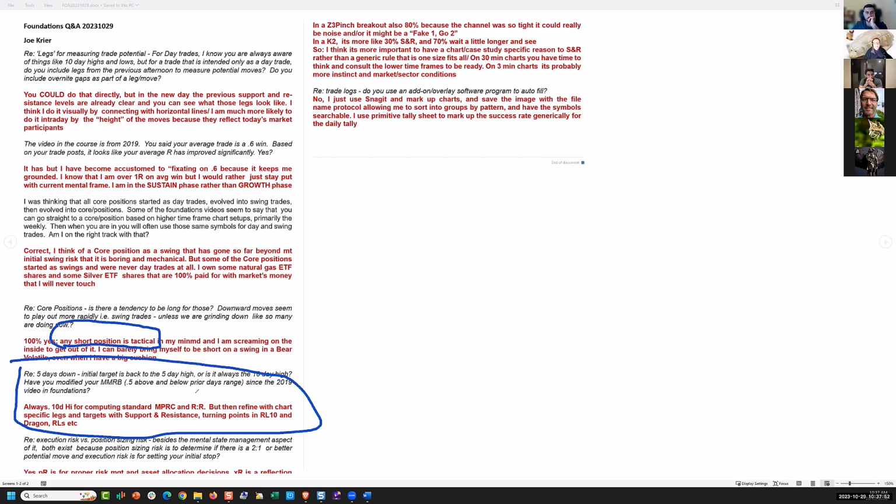From the 5 days down, the initial target is back to the 5 day high. No, it's always to the 10 day, when it comes to computing the reward to risk on swing trades. So this is 1, 2, 3, 4, 5 days down.